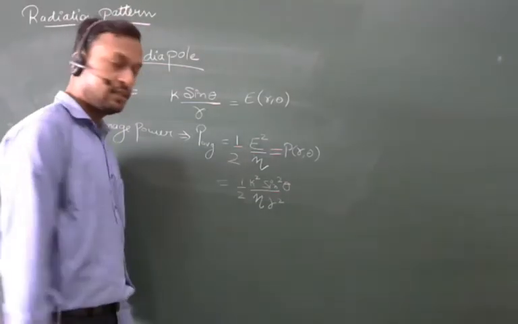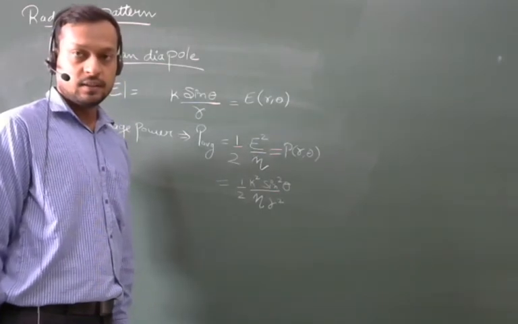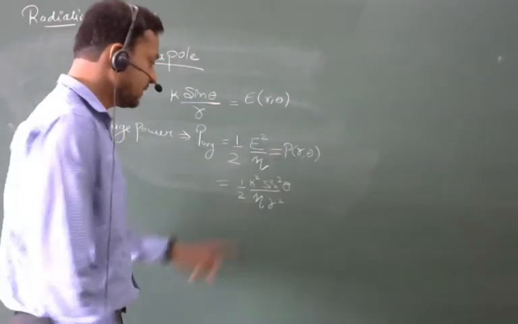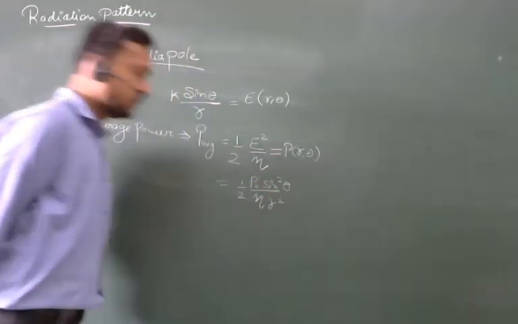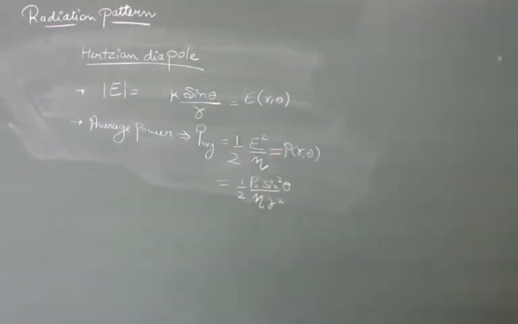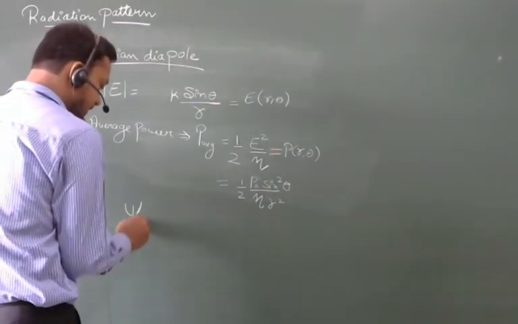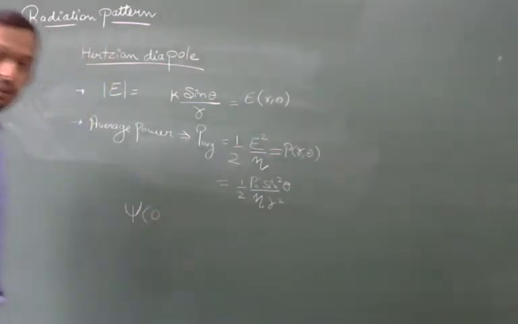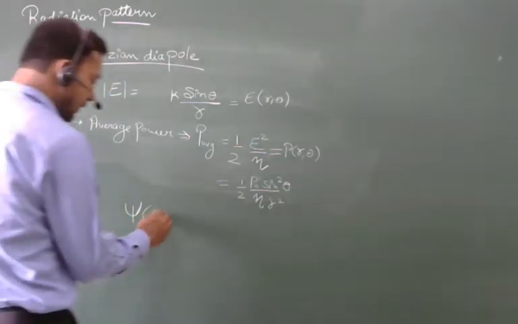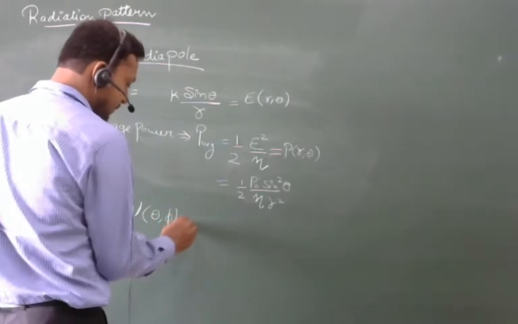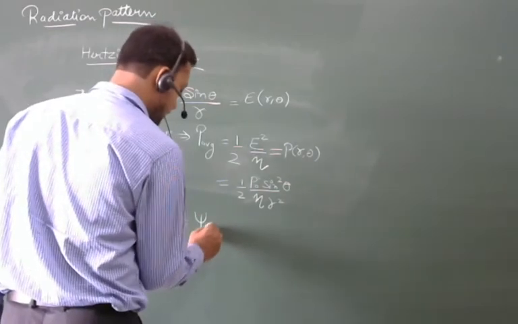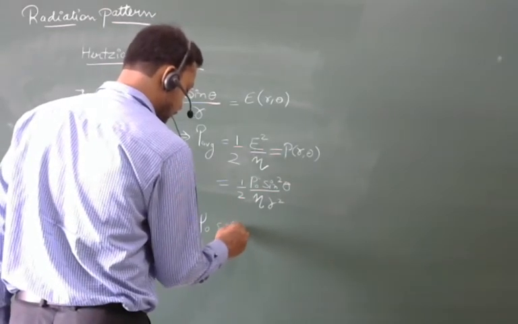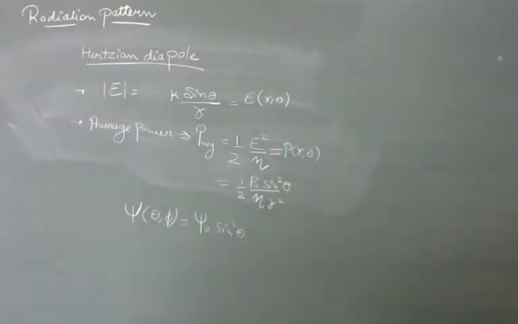So this is the case for a Hertzian dipole. If we take the constant term k as P naught, we replace it with P naught. So from here, this radiation intensity, which is in the direction of theta and phi, is a function of P naught and sine square theta.